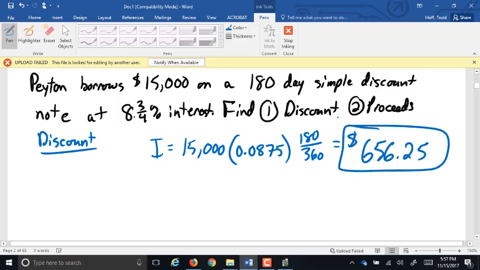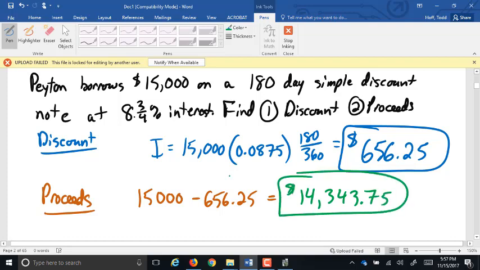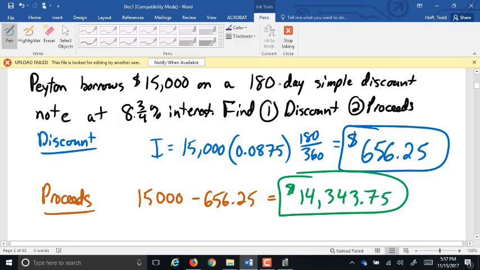So that is the discount. How do we find the proceeds? Take 15,000 minus the 656.25, which gives us $14,343.75. Any questions?